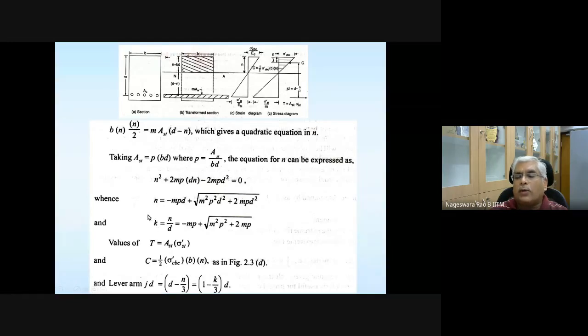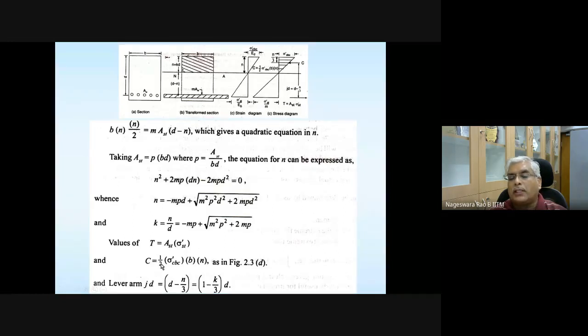And once you get the neutral axis depth, you can go to whatever equations we noted for the resultant tensile force and resultant compressive force. We can easily find what is this resultant compressive force C, and what is this resultant tensile force T. The resultant tensile force is straightforward: area of steel times stress in steel.